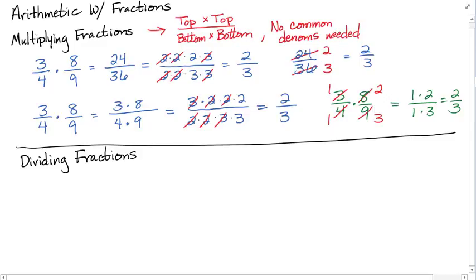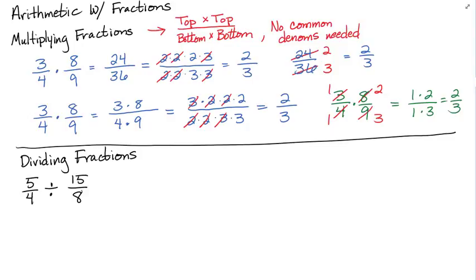So let's do something like this. 5/4 divided by 15/8. Okay, so the procedure for doing division is we actually change it to a multiplication problem. Alright, so let's write this down here.